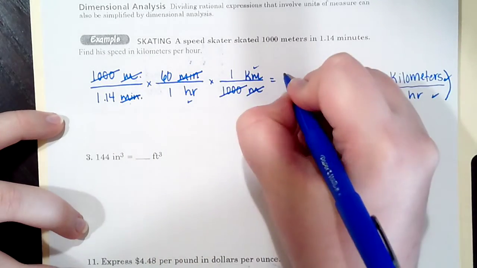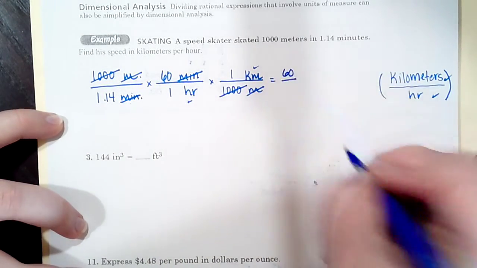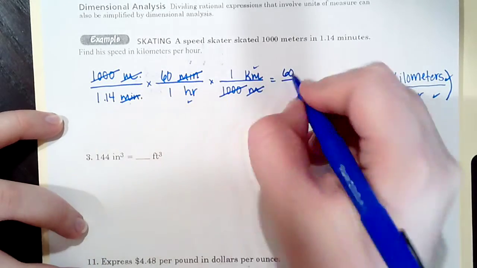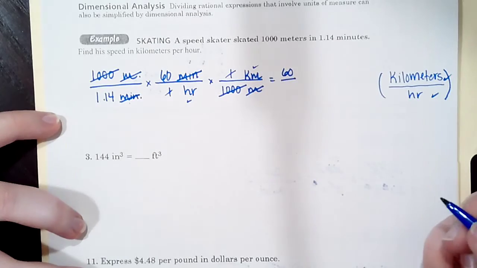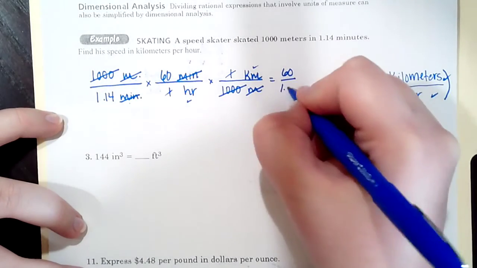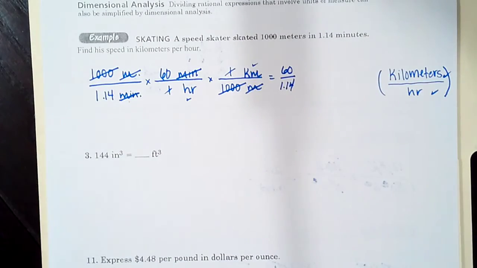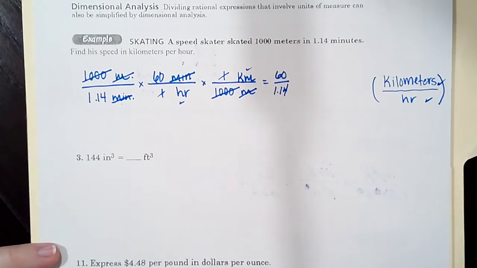Now I just have 60 times 1 over 1.14 times 1. And technically these 1's cancel out too if you like that, but you don't have to. I'm now left with 60 divided by 1.14.